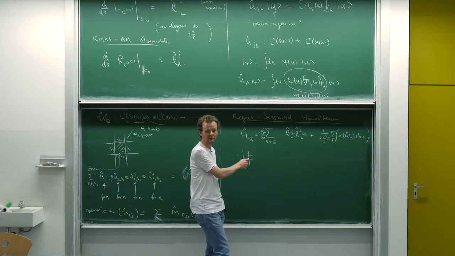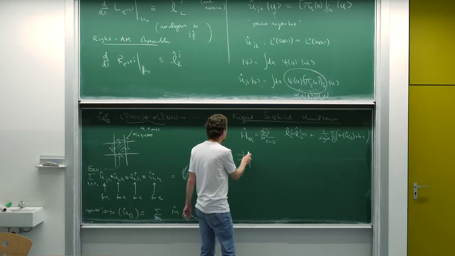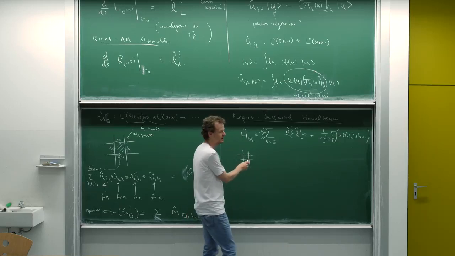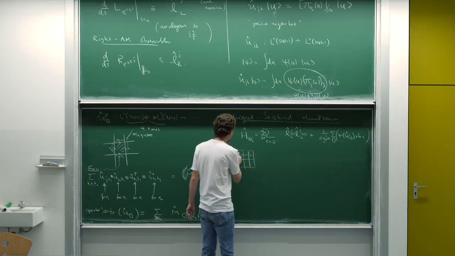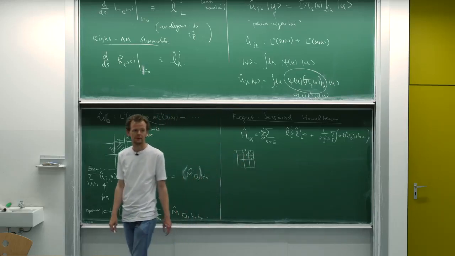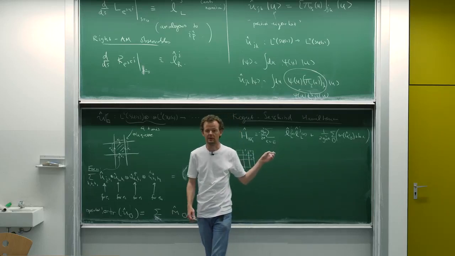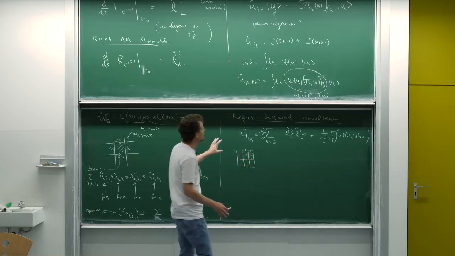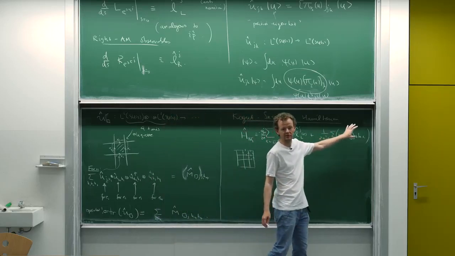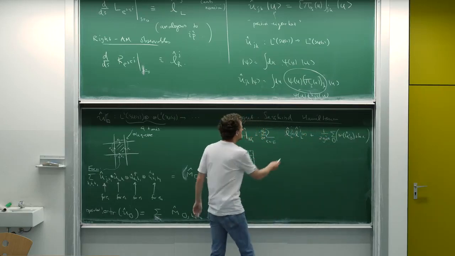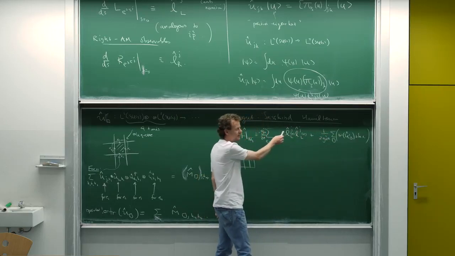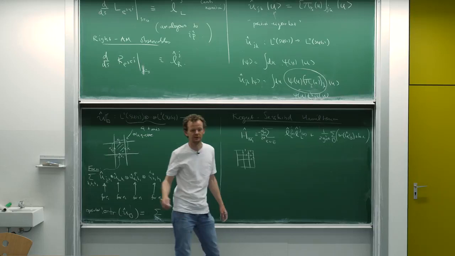Do I make a plaquette out of it or not? And you can make a kind of half plaquette if you want. Or you can always insist that you have these smooth boundary conditions like this so that the plaquette operators always work. And these guys only act on links anyway, so that doesn't matter. So you can see that this Hamiltonian is likely positive because this is minus a positive operator, and I've got a minus sign here, so that makes it positive.